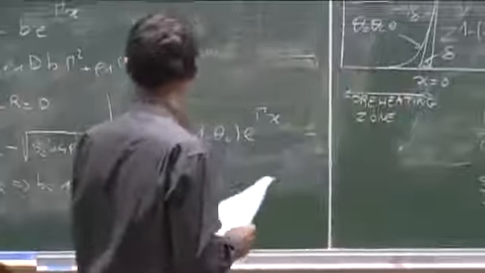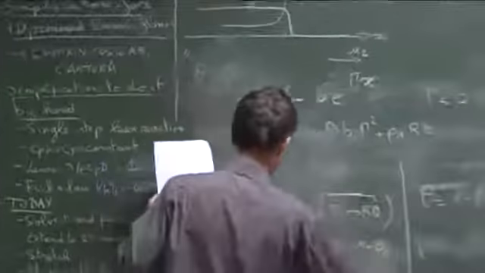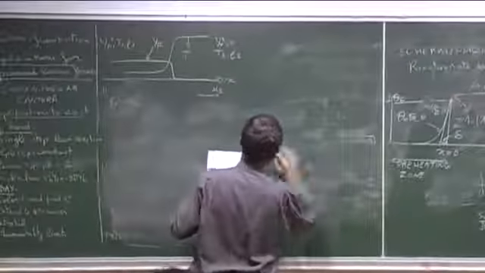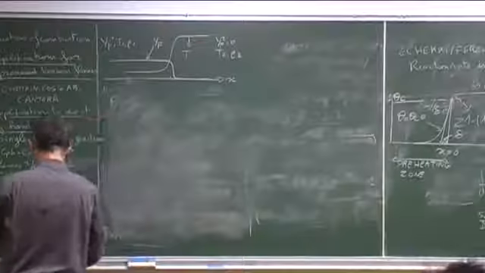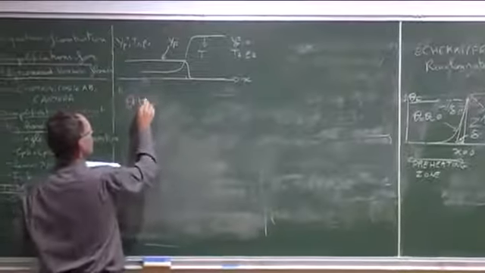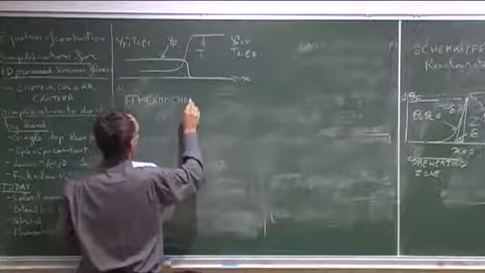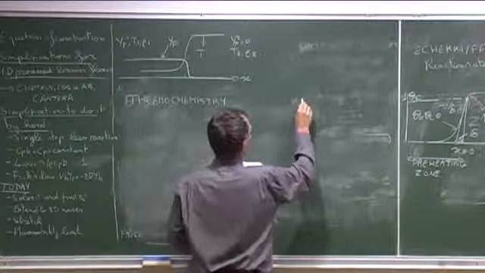So let me summarize then what we're doing now. And I want to compare actually for this flame. Again, I come back to what I said about thermochemistry and kinetics.